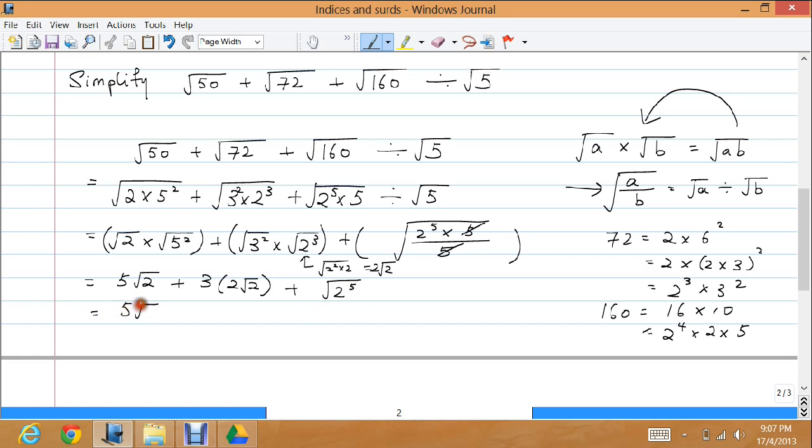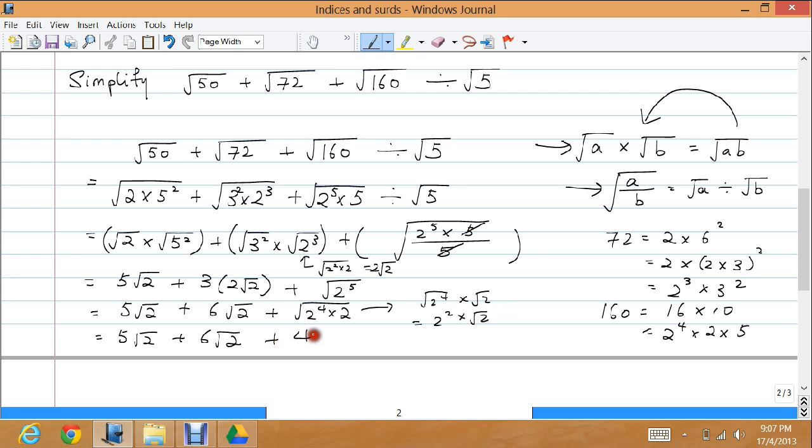Simplifying a little, 2 to the power of 5 can be rewritten as 2 to the power of 4 times 2. So again, I apply my rule here. This becomes square root of 2 to the power of 4 times square root 2, which is 2 squared times square root 2.